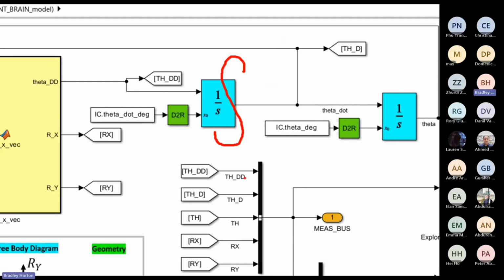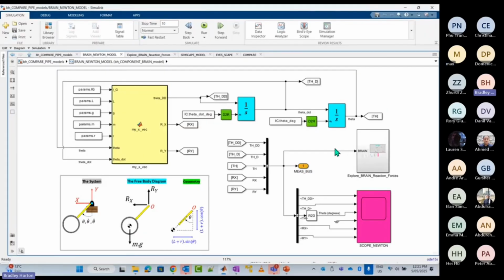So here's how Simulink works. Say we've got this signal wire called theta double dot. We pass it through an integrator, and you know what happens when you integrate theta double dot? It's not a trick. What comes out of the integrator is theta dot. And if we take theta dot and we pass it through an integrator, you know what happens, right? Yeah, you get theta.